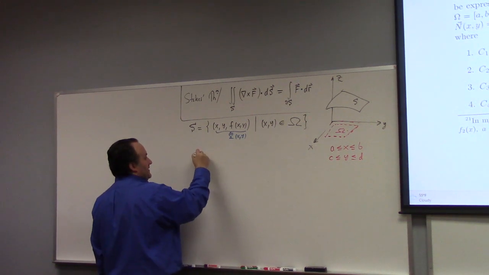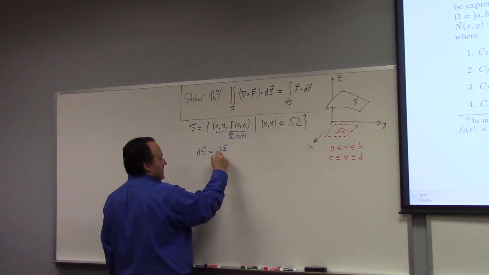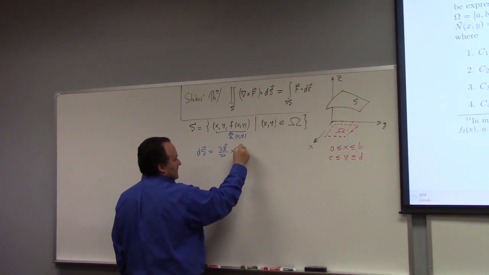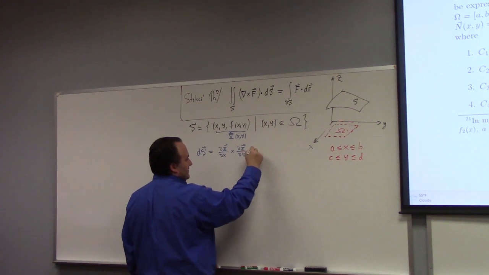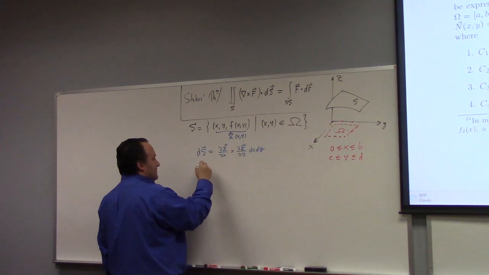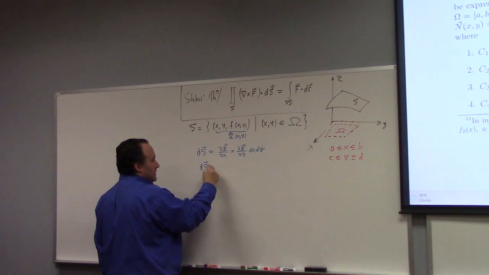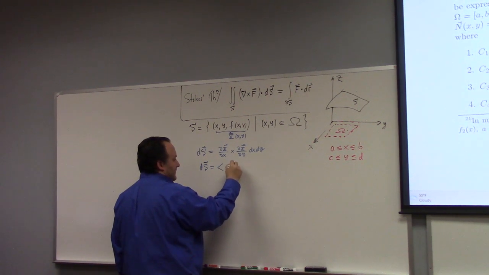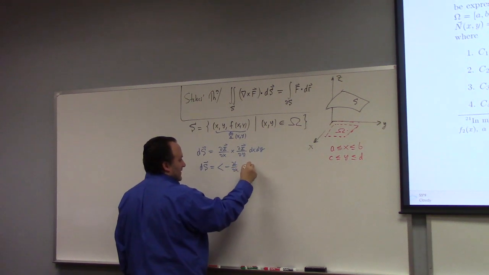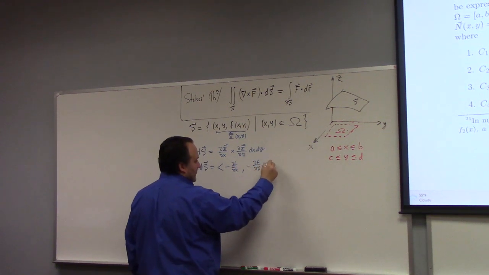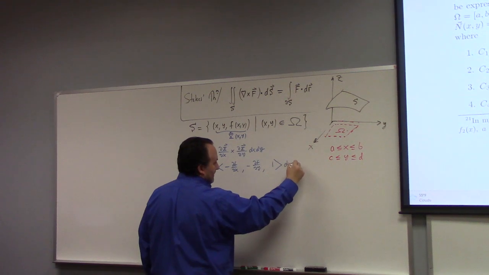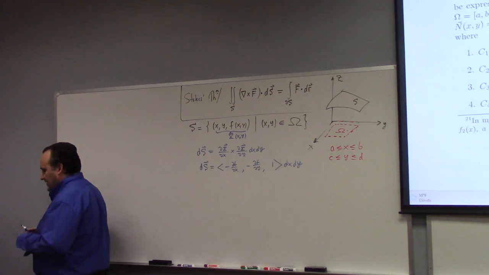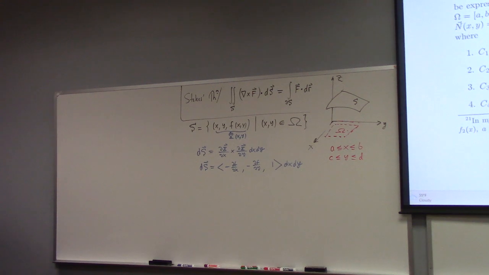And so if we calculate dS as partial X by partial x cross partial X by partial y dx dy, what we get is (minus partial f partial x, minus partial f partial y, 1) dx dy. So that's the normal vector field in this case.